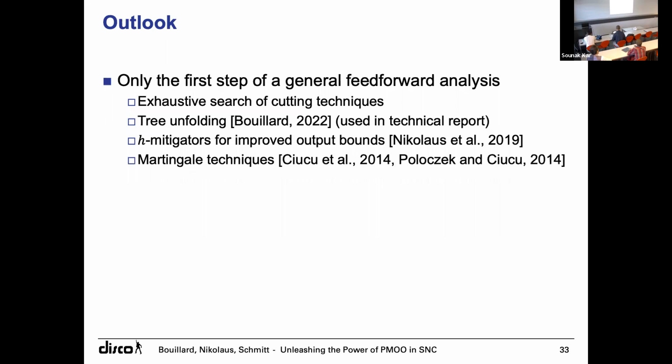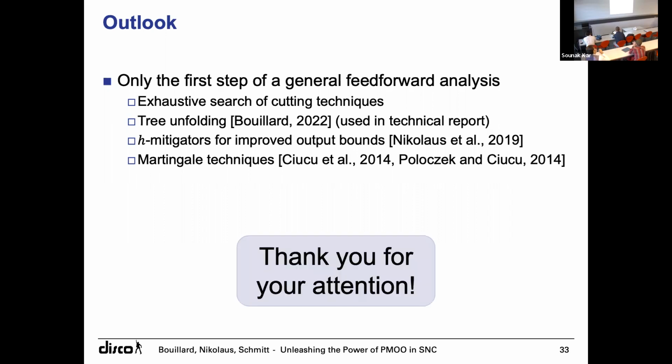And the last one I would like to mention is the infamous martingale technique. It has been shown to improve upon the SNC results, and if that could be integrated into the PMOO analysis, that would of course lead to significantly improved performance bounds in general. Okay, thank you very much for your attention, and I'm happy to take questions.